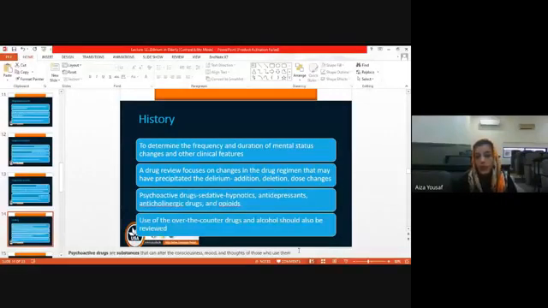Use of over-the-counter drugs and alcohol should also be reviewed, as they can also cause delirium. Over-the-counter drugs may result in increased or excessive presentation of drugs. That's why we should consider over-the-counter medications.